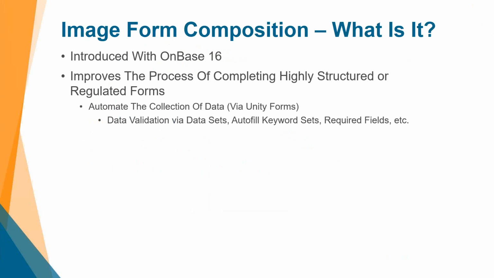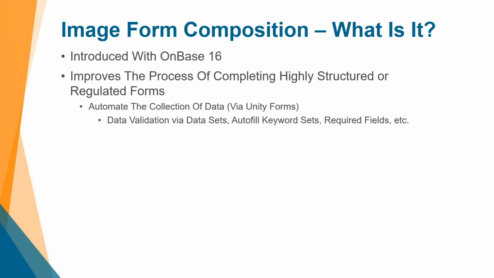And all things said and done, we automate the collection of the data on that particular form via an OnBase Unity form. So this does require that you understand and be able to put together OnBase Unity forms, which in and of themselves are relatively simple to set up. But when we're using a Unity form, that gives us a lot of different capabilities to validate the data.